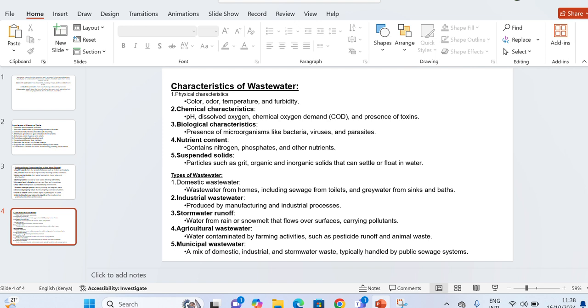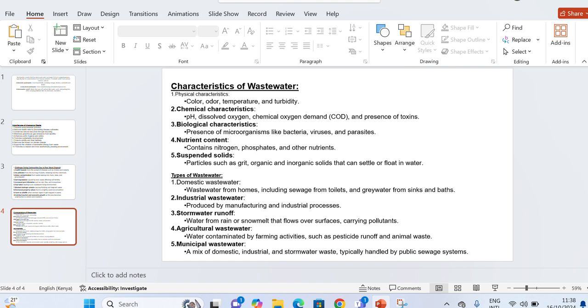The last subtopic will be types of wastewater, and I'll give you an assignment to go and do your research on this subtopic about types of wastewater. I have produced 5, but go and look for the other 5.